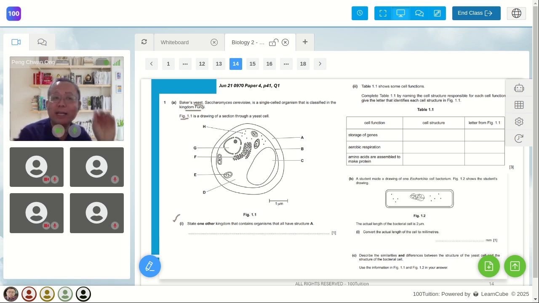So first you'll recognize what is structure A. Maybe first type in the chat what is structure A, and then state the other kingdom that contains organisms that have structure A.